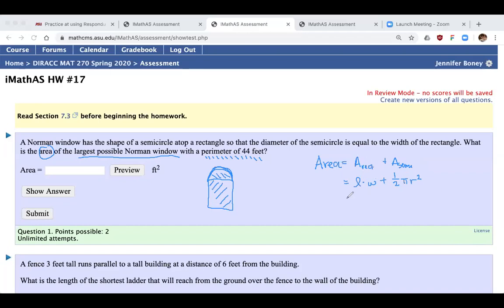But clearly I don't need all those different letters, right? If I label my diagram here, I can see that, since this semicircle matches up with the rectangle, the radius and the width are the same number, or at least related, right?